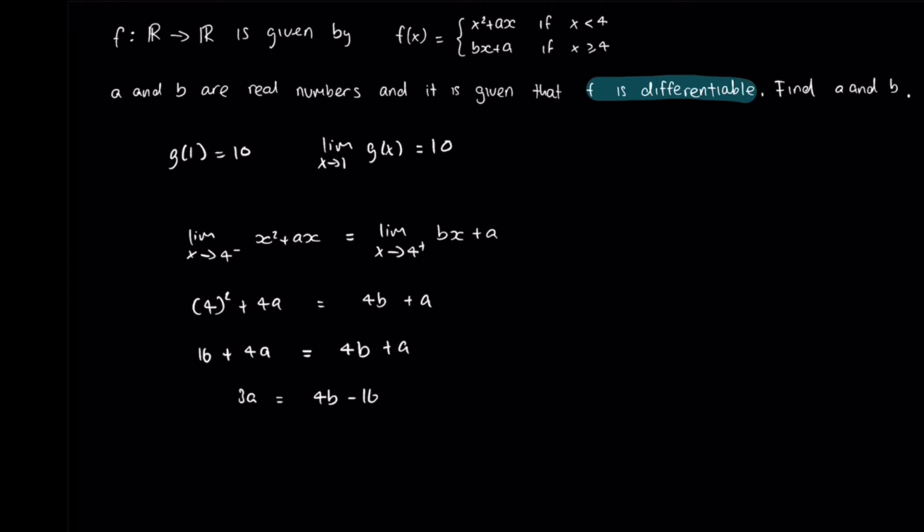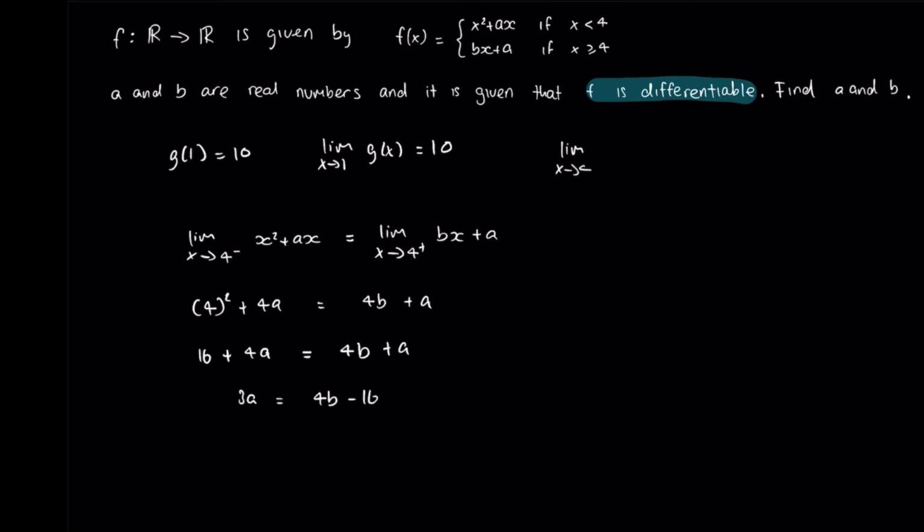The clue to finding the second equation is in the information that we've highlighted. Since f is differentiable, we know that if we differentiate both parts of the function f, we have to get the same gradient. This means the limit of x approaching 4 from the left side of the derivative with respect to x of x squared plus ax should equal the limit of x approaching 4 from the right side of the derivative with respect to x of bx plus a.